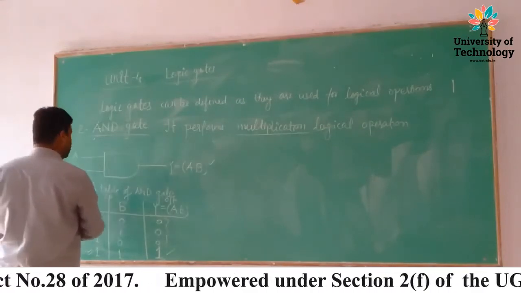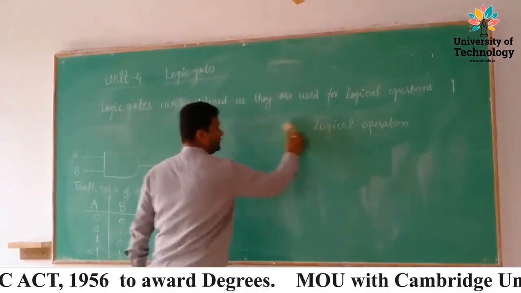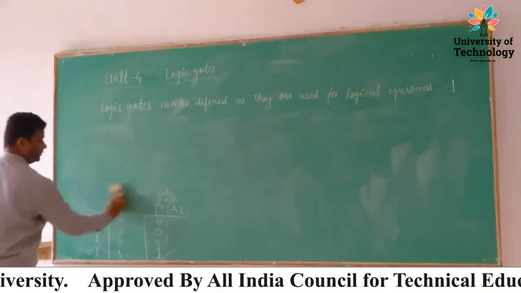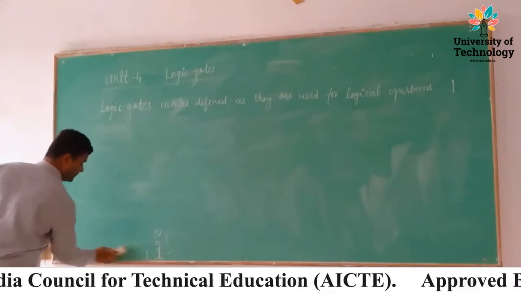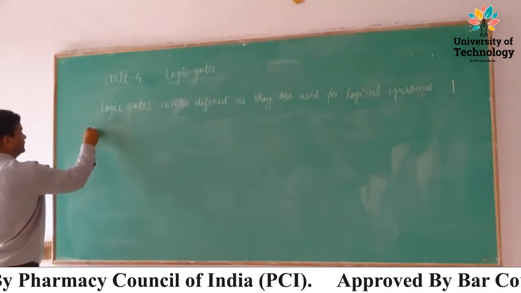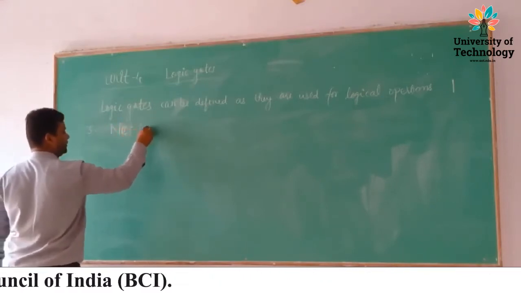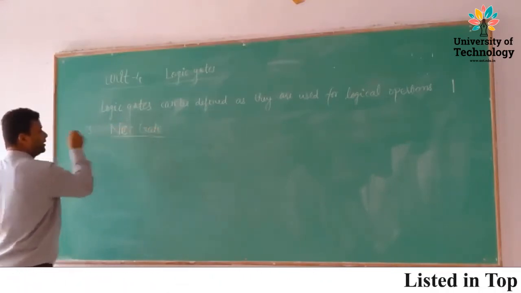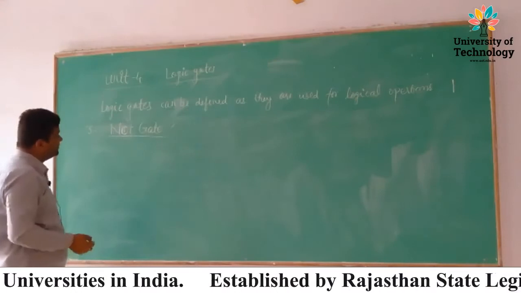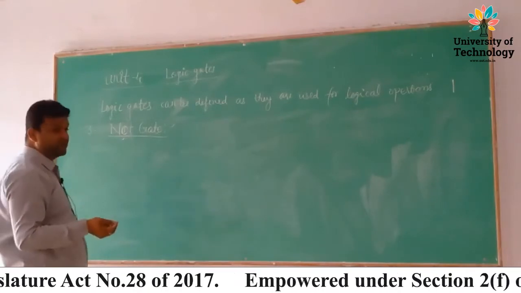Now moving further to next gate, that is NOT gate. Third is NOT gate. NOT gate means it gives reversible output.